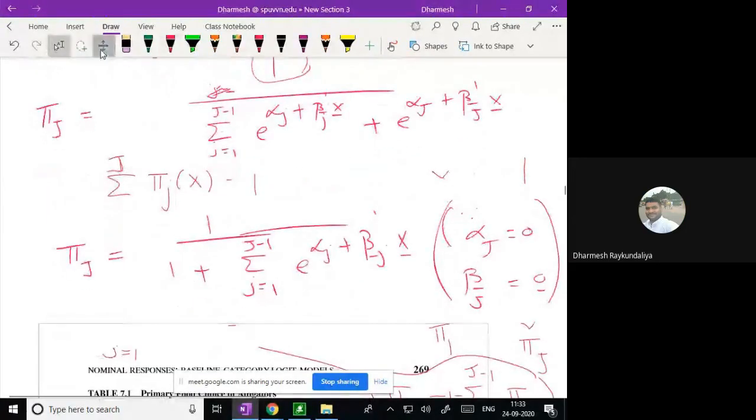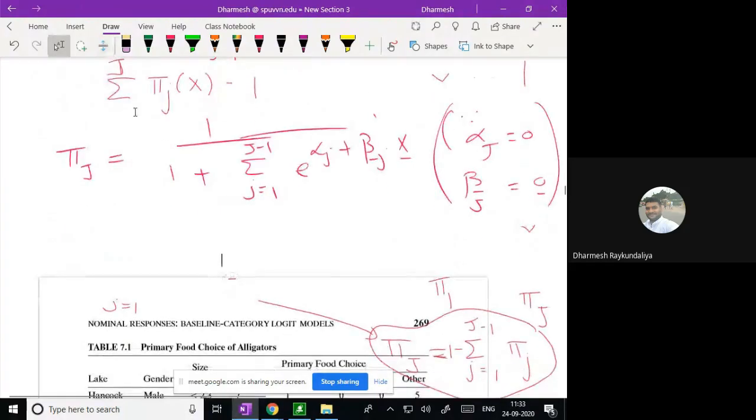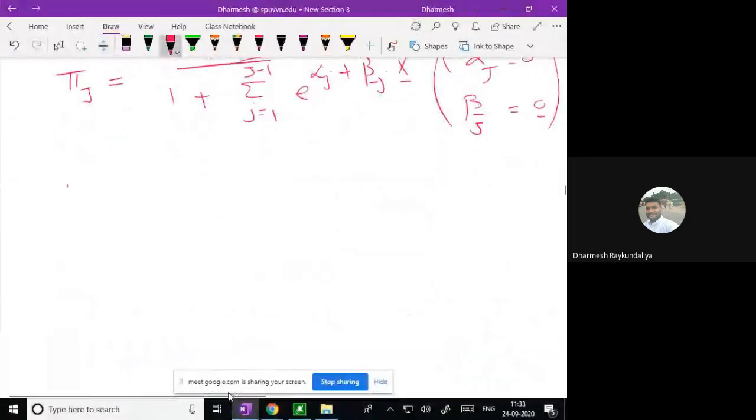So in that setup, what is the probability? In that setup, the probability is pi j.